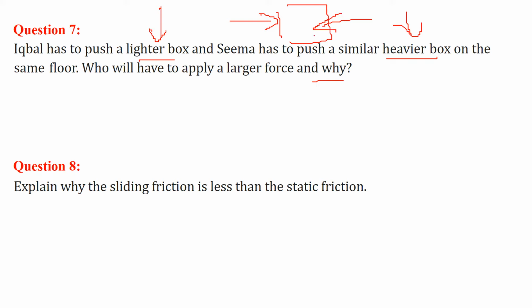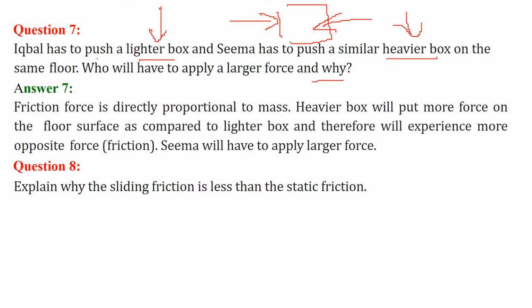So friction force is directly proportional to the mass. The heavier box will put more force on the floor surface as compared to the lighter box. So the friction experienced is higher or lower depending upon whether the weight is higher or lower. So Seema will have to apply larger force.